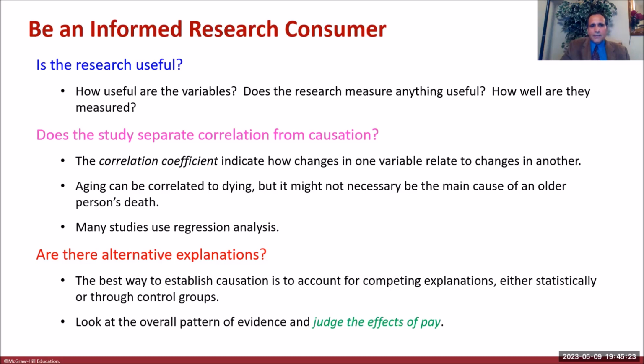Are the alternative explanations there? The best way to establish causation is to account for competing explanations, either statistically or through control groups. Look at the overall pattern of evidence and then judge the effects of pay on people's behaviors, satisfaction levels, productivity levels, loyalty, and retention with the organization overall.